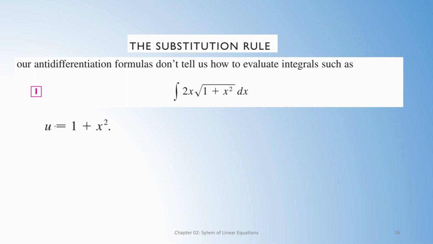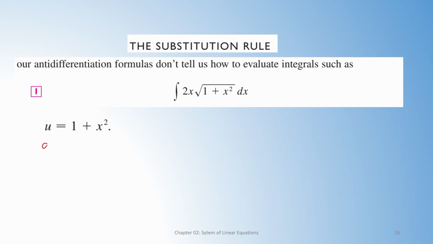So then later on, you will see how it changes the integral when we substitute u is equal to 1 plus x squared. Now, in this case, if u is equal to 1 plus x squared, you differentiate both sides with respect to x.